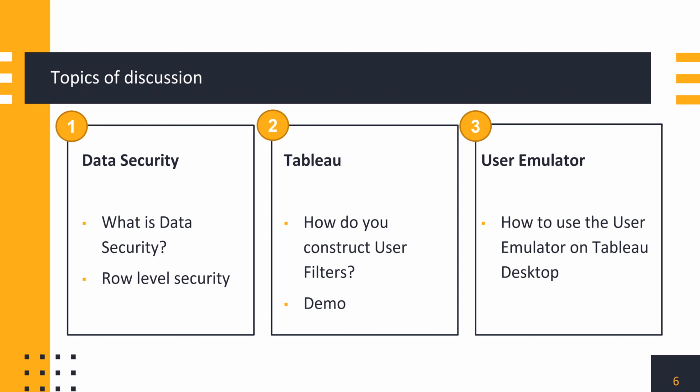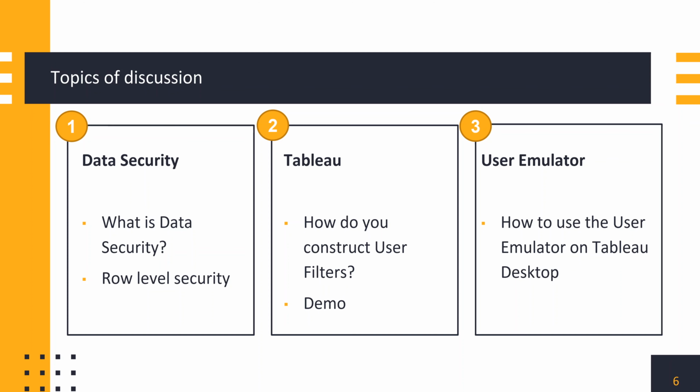We then went into Tableau and used 2 methods to create user filters. So the first method being a Tableau only approach, and the other method being the mix or hybrid method of Tableau and a separate data source. And then we capped off with demonstrating how to emulate a user on Tableau Desktop as well.